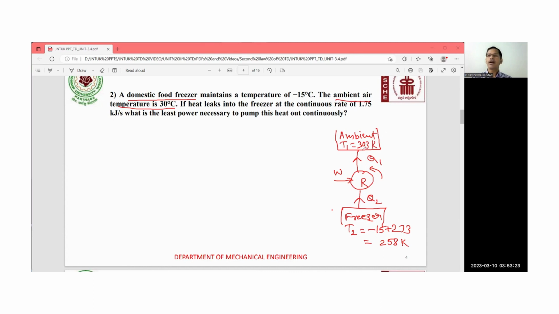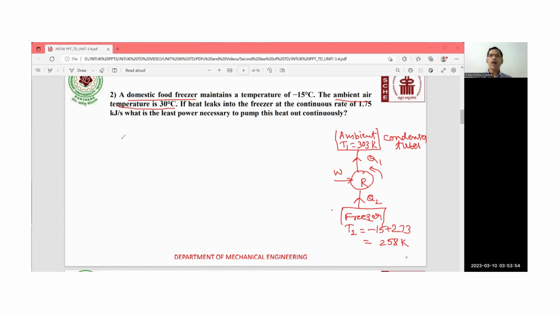In a household refrigerator, this is the portion where heat is rejected: the condenser tubes, which reject heat to the atmosphere. So the ambient temperature is given, and the freezer compartment temperature is given.